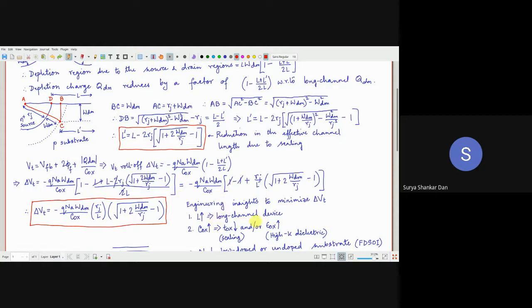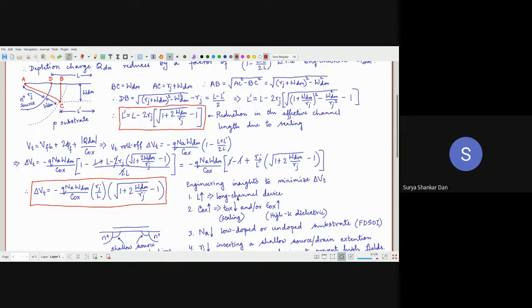Okay, so this is for the long channel device. Clearly you can understand, if you make L as high as possible, delta VT will be as low as possible. Cool. Now, what is another engineering insight which we can consider to minimize the delta VT?